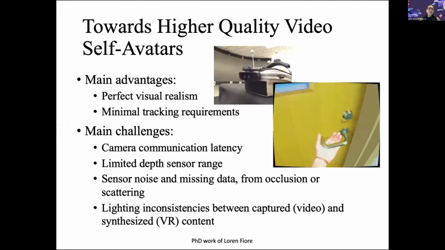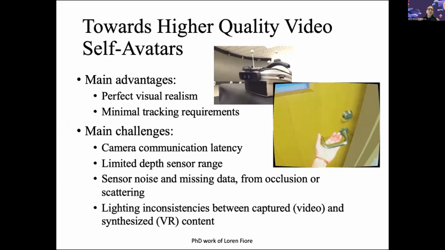And then we also have the problem of limited depth sensor range. These cameras keep getting better and better, but they would either fail to capture information that was close, or fail to capture information that was far. And we really wanted both far and close, so people could see themselves and other people.